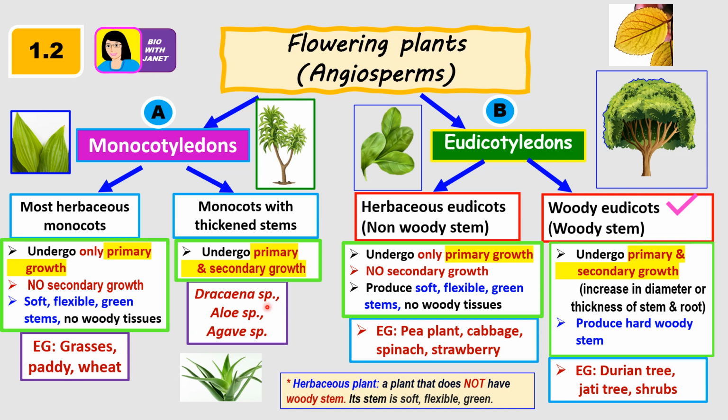So they are Dracaena species, aloe species like aloe vera, and agave species. Okay, so this is aloe vera, and below here we have a thickened stem, for the aloe vera plant that is older. Now, this plant is Dracaena, it has a stem that looks a bit like wood, like a strong, hard, woody stem. So we're going to focus on the woody eudicots.